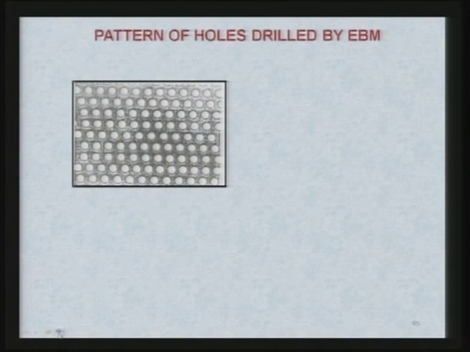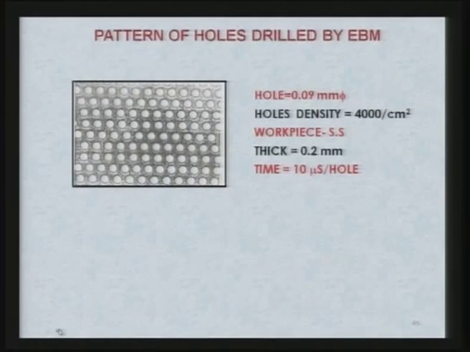Now, I will show you some very important applications in the micro machining area of the electron beam micro machining process. Here you can see the pattern of holes drilled with the help of the electron beam machining process.